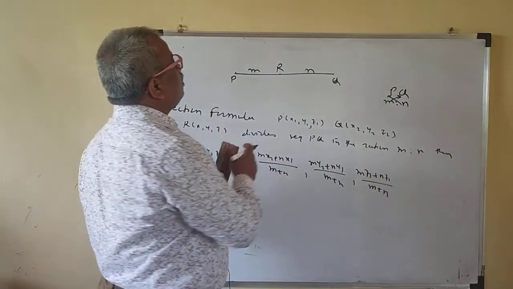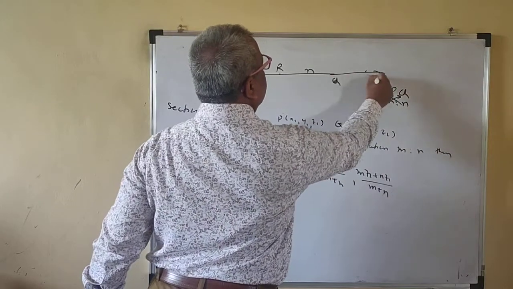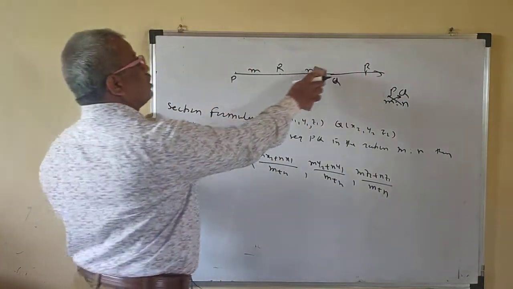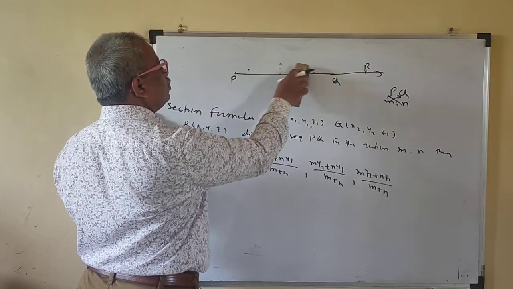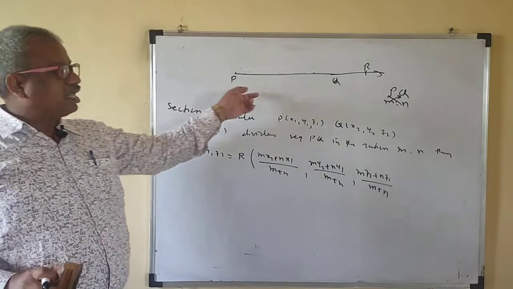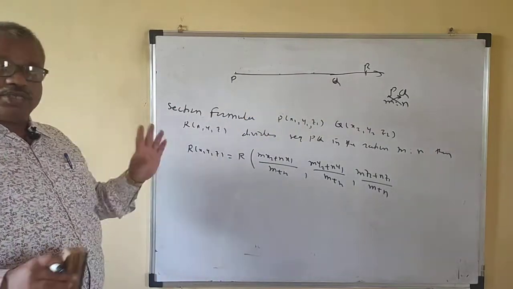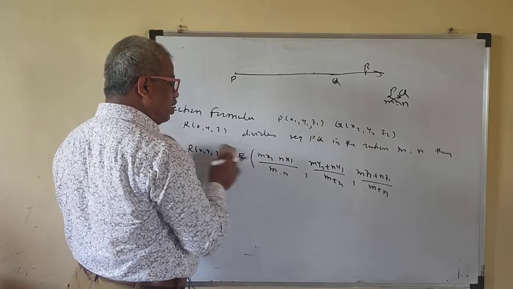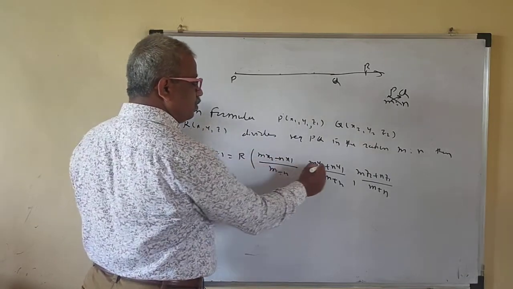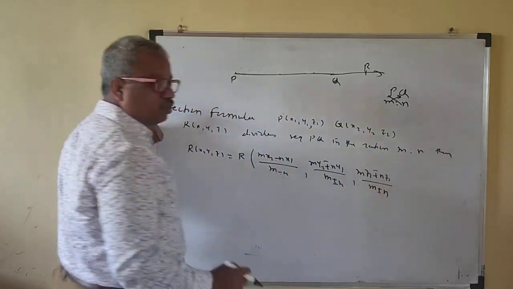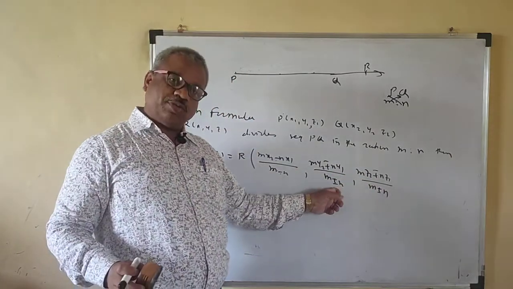Now if R is on the line but not on the segment PQ, and it divides the segment PQ externally in the ratio m is to n, then you only have to write a minus sign here. If there is a minus for n, then the denominator also has minus for n.